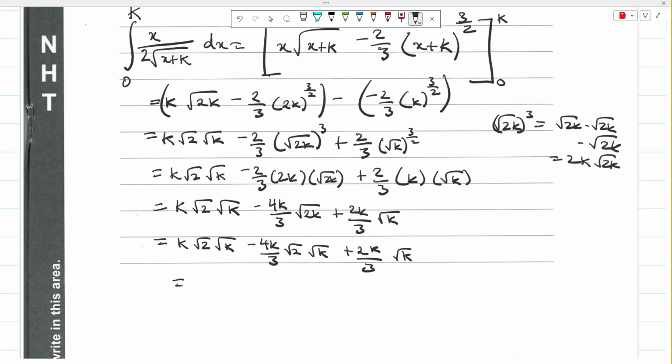And now you'll notice that we can actually take k root k out of this. You get root 2 minus 4 root 2 over 3 plus 2 over 3.